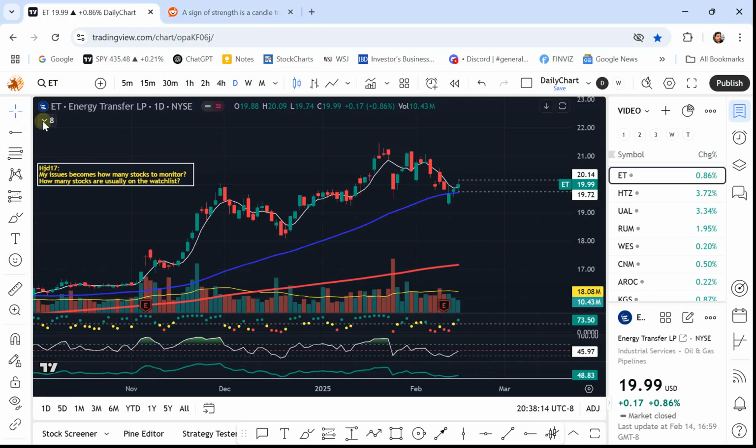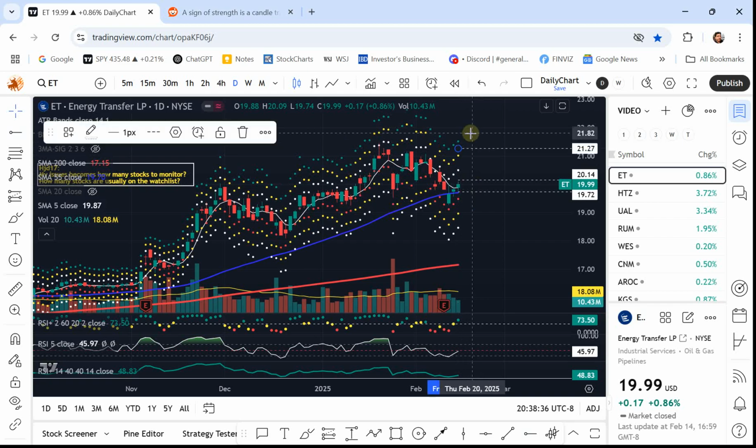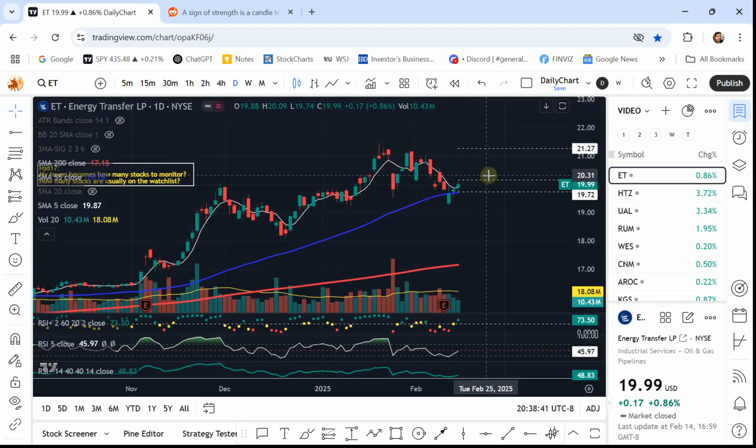Then I add the ATR bands, and this gives me a potential target. I usually go three ATRs, sometimes two, depending on the market condition. Since we're currently choppy, let's say we'll go with 2.5 ATRs here. I'm just going to place it right there, and then turn off these ATRs. Now we've got our risk here, and we've got our reward here, our potential target.